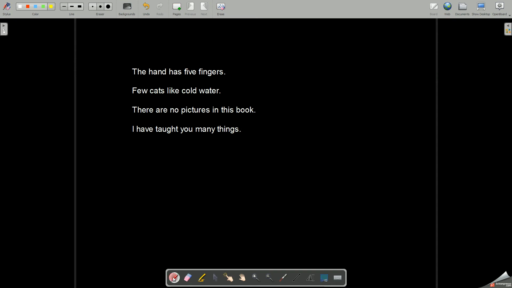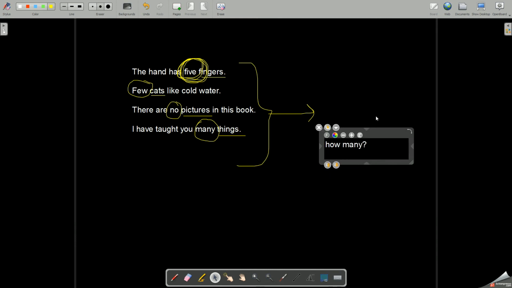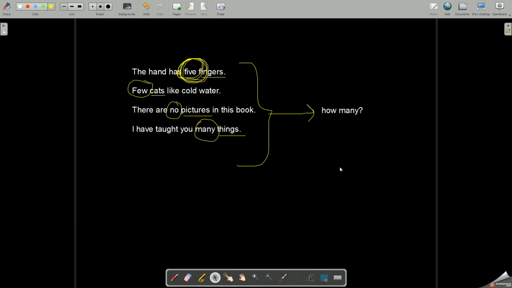So in these statements you can see 5 fingers, few cats, no pictures, and many things. The fingers, cats, pictures, things, these all are nouns, and the words describing them actually specify how many. They answer the question how many.